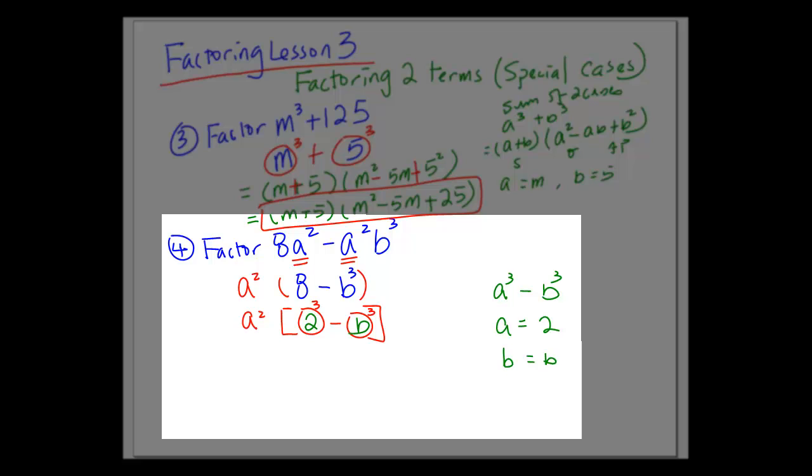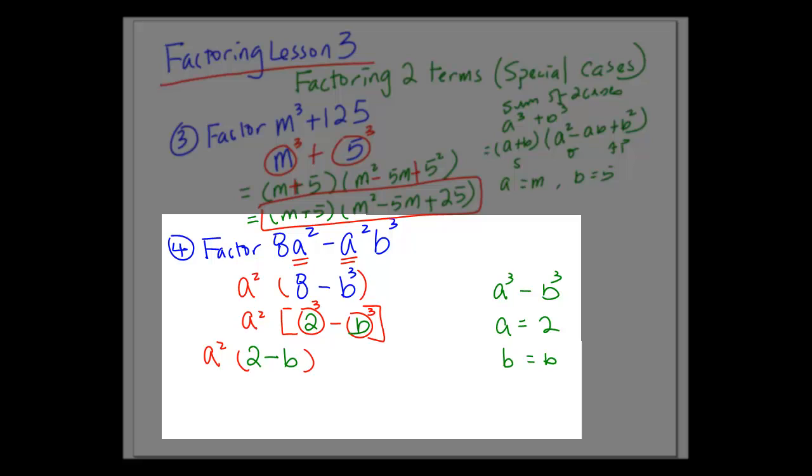Now we need to use our difference of 2 cubes to factor this out. So again, your a squared is still hanging outside, so just leave it there. And then first, we are going to write down what we see here without the cube. So it's going to be 2 minus b.